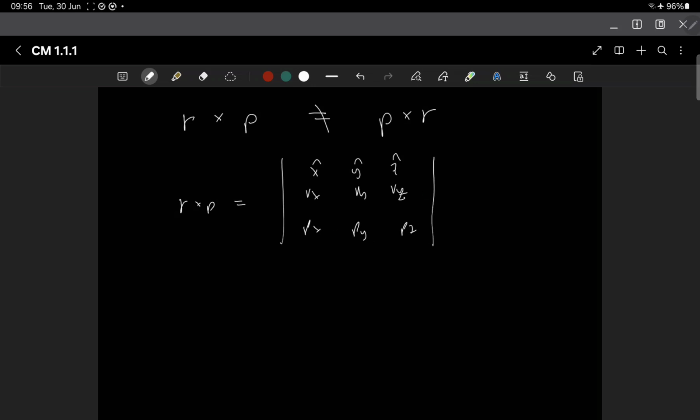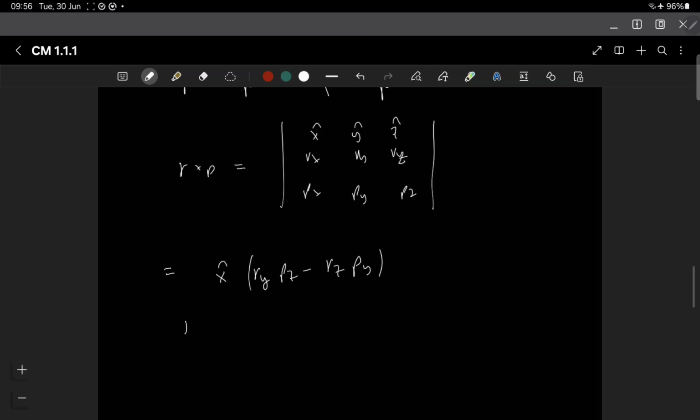And this is just x times this minus this times this. So this is ry times pz minus rz times py, plus y, and then that's this times this minus this times this.